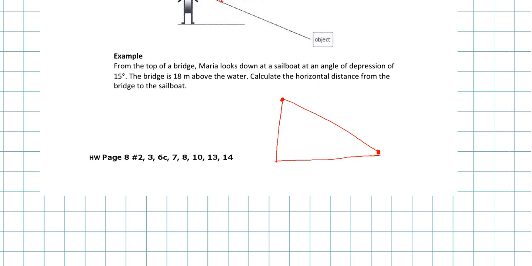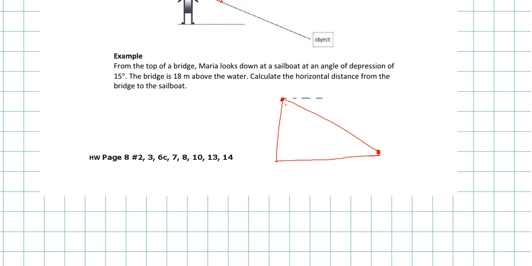Where would my 15 degrees be? Where Maria is standing, on top. Between the horizontal and the line to the boat. Remember, I have to draw a horizontal line coming out of Maria's line of sight. And this is my 15 degrees.